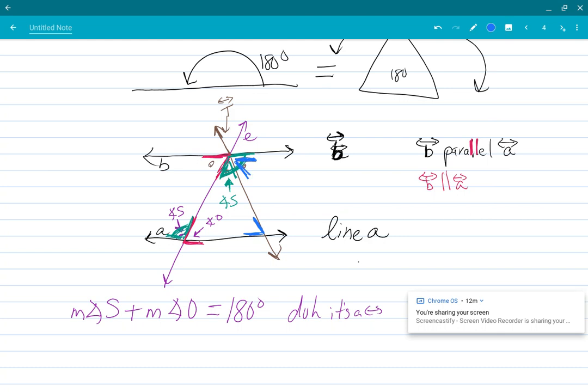It's like diagonals. They're called alternate interior angles, and they're alternating because one's inside and one's outside.